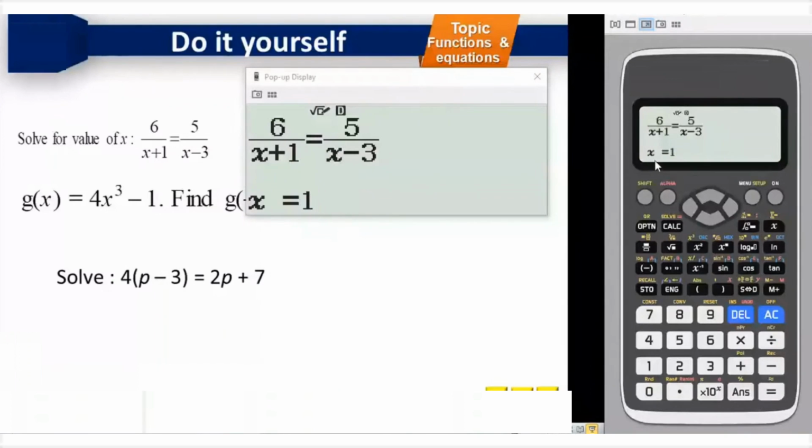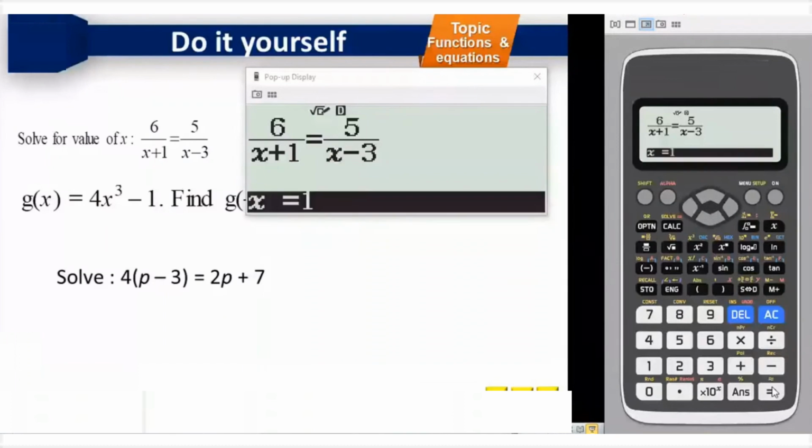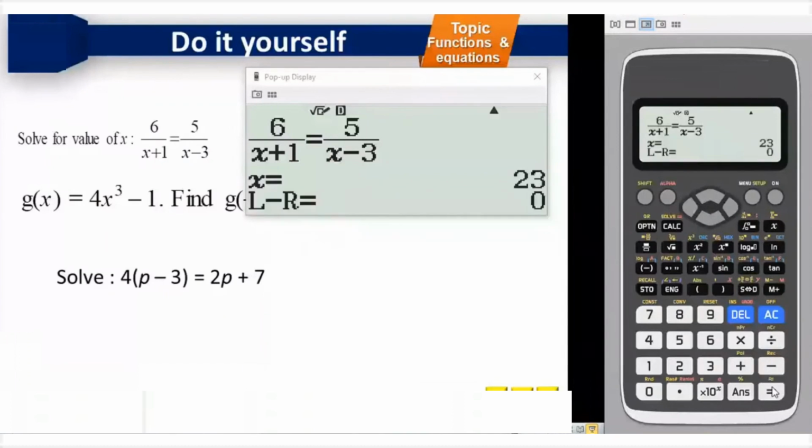So I kept the stored value of x as 1, and I press equals to, and my answer is 23, and L minus R is 0, which means that 23 is the correct answer. I am aware that if I cross multiply, this equation will give me linear equations, hence it's a linear equation, and if it is a linear equation, I will only get one answer.